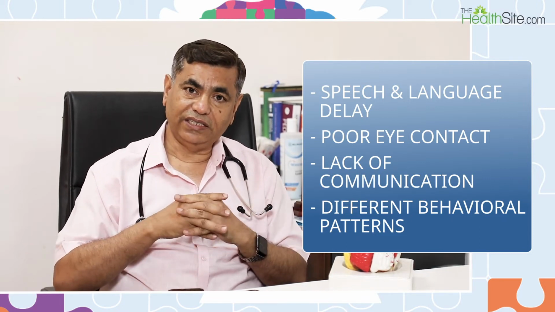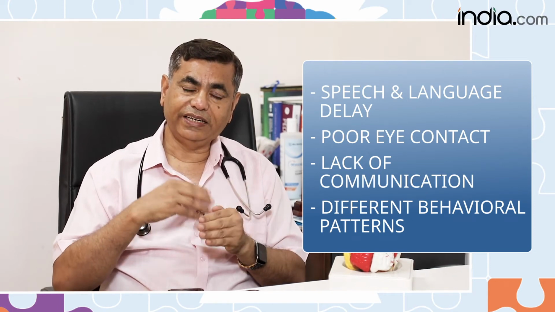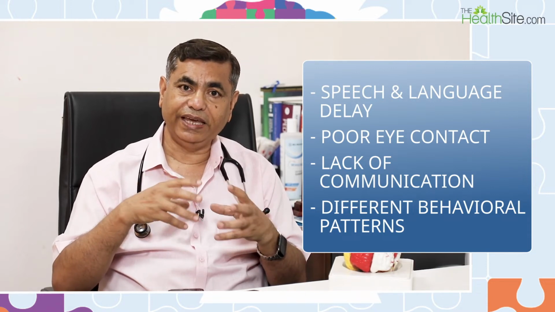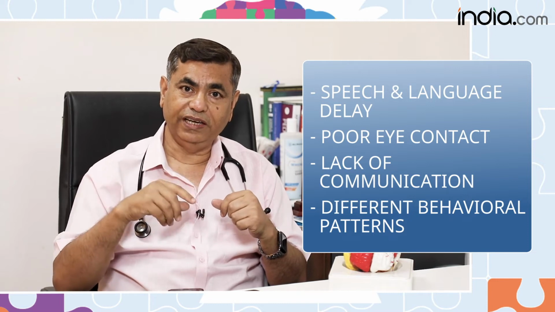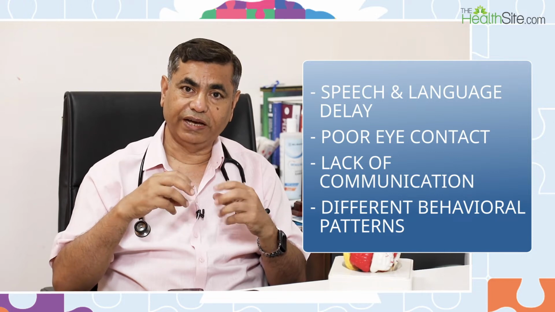And as a result, if they are not able to communicate properly, then they get into certain routines. They'll keep on playing just on their own, have a car and keep turning the wheels repeatedly, or keep on opening the tap and see how the water is flowing down.